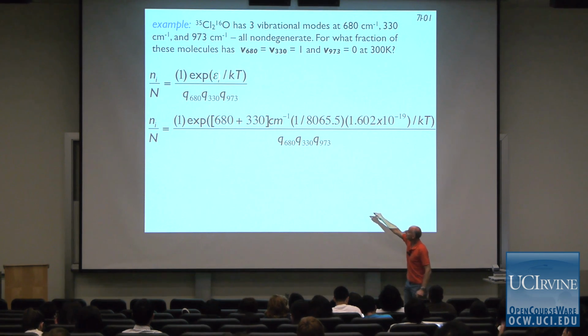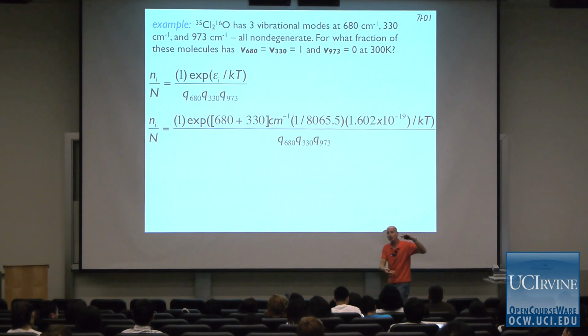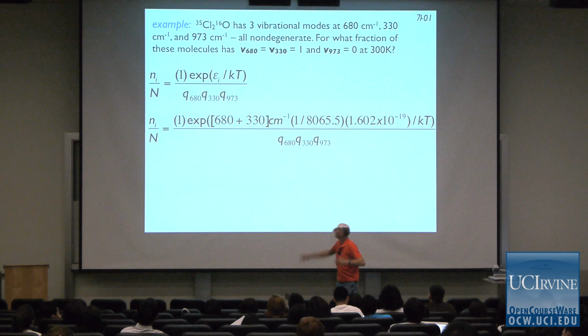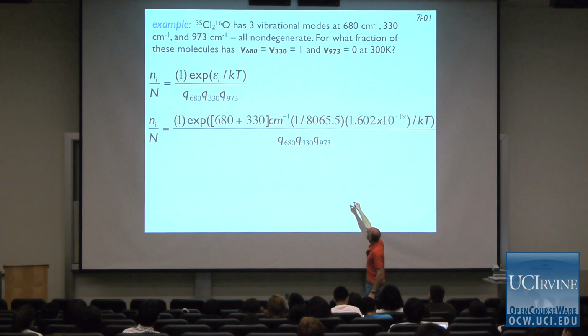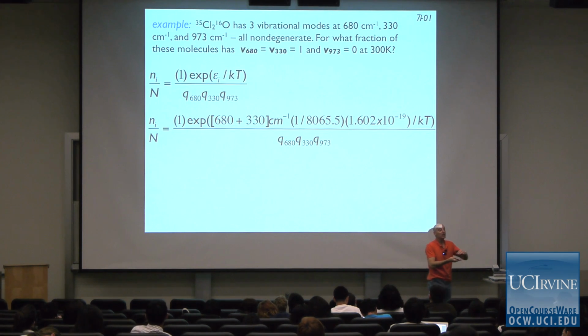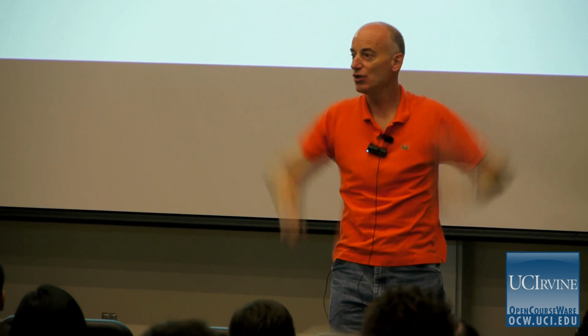And that energy is the total vibrational excitation energy in the molecule. The total. I said 1 330 and 1 680, add them together. If I said 2, it would be 2 680s and 2 330s. The energy here is the total vibrational energy for all of the different excitations that you want to consider. You see that?